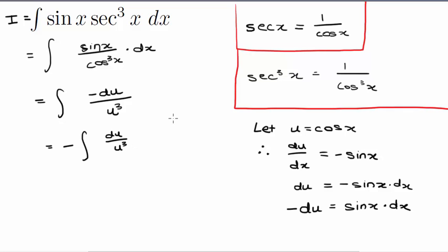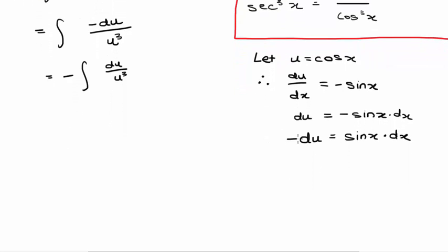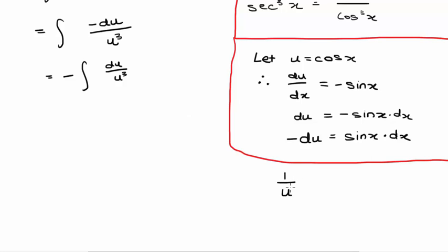Now we know from our index laws, I'm going to write on the side again, and box this as well so it doesn't get confusing, that when we have 1 on something, in this case 1 on u cubed, that's equivalent to u to the power of minus 3. We can convert this integral into negative 1 times the integral of u to the power of minus 3 integrated with respect to u.